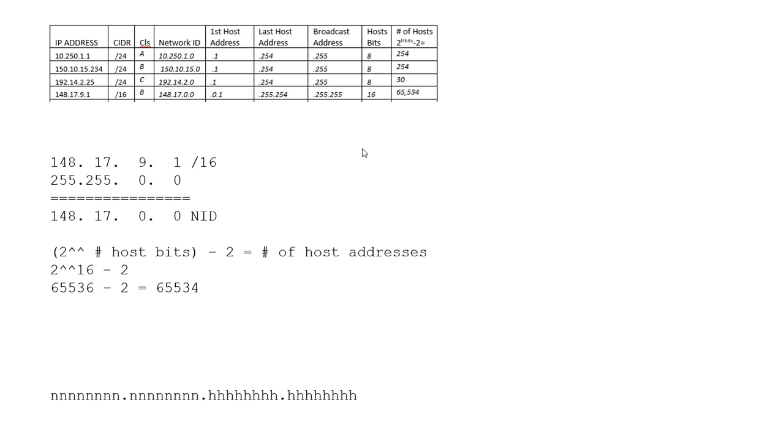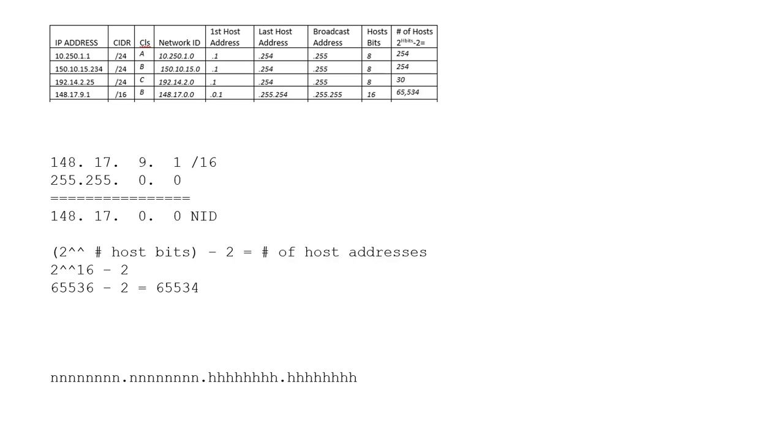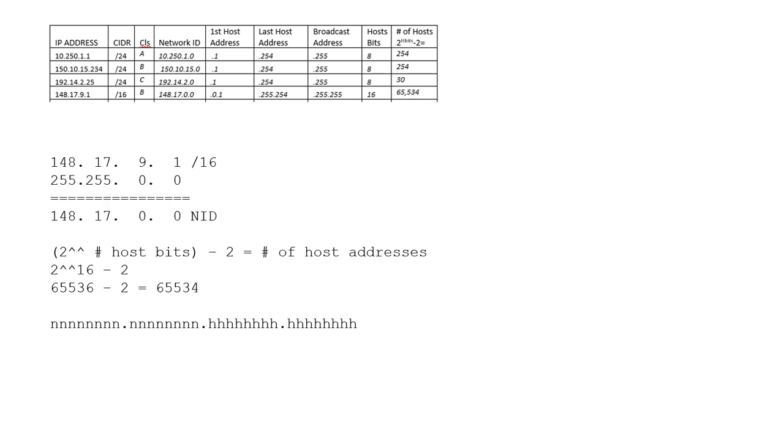Okay. So let's go after our first address and our last and broadcast. So if you will, our first address, I'm writing this in decimal rather than writing it in binary. 17.